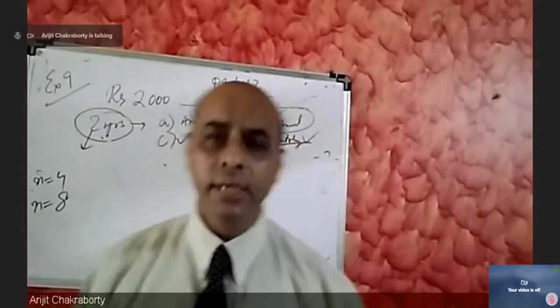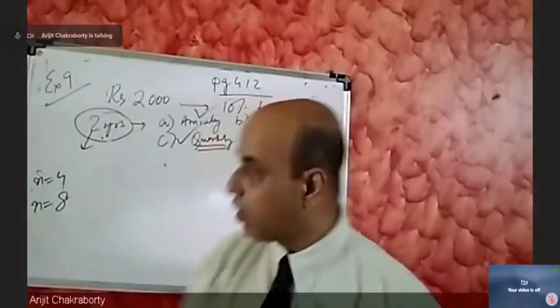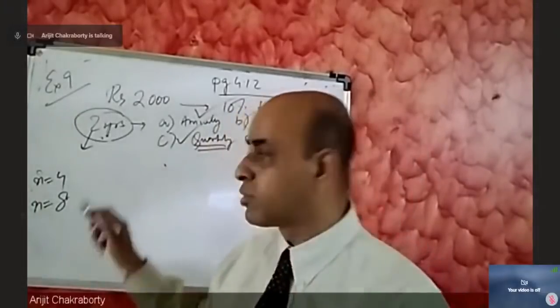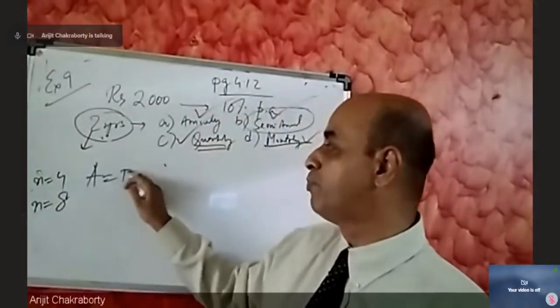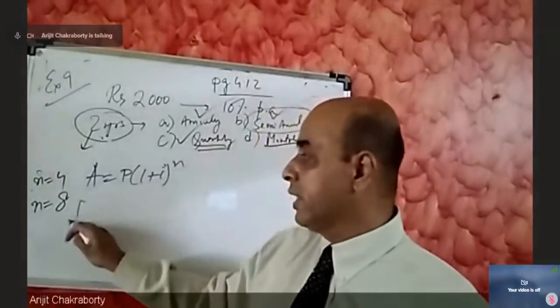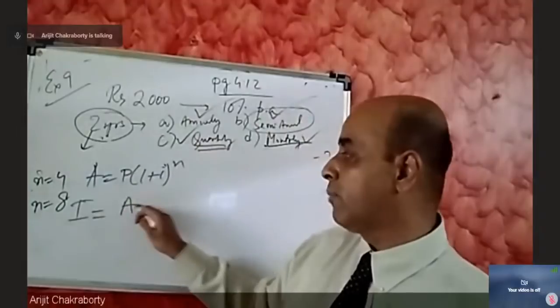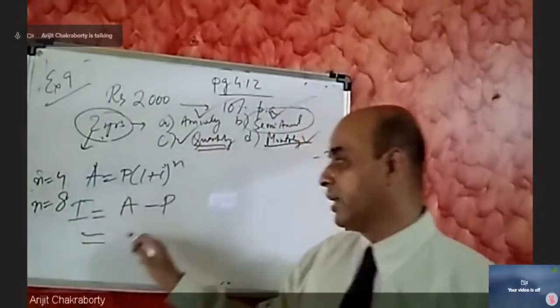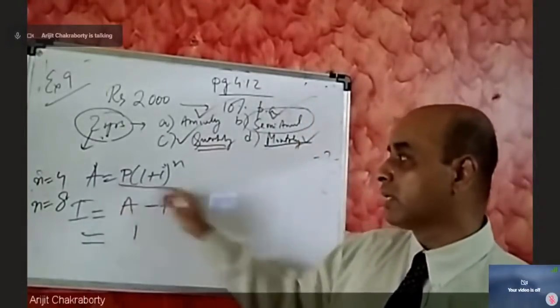And then we have seen the formula, and the formula all of you have seen and you have memorized, I am sure, that A is equal to P into 1 plus I to the power n, which means that interest will be equal to amount minus principal. That is, in this case, amount is this.